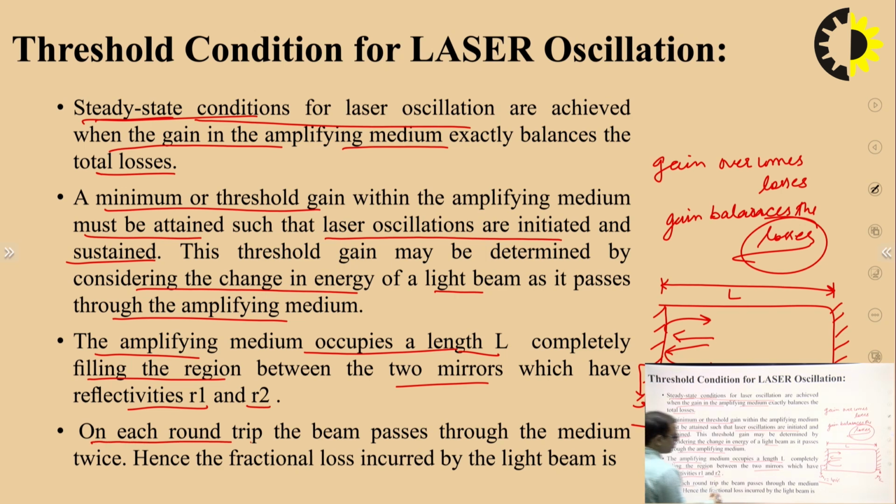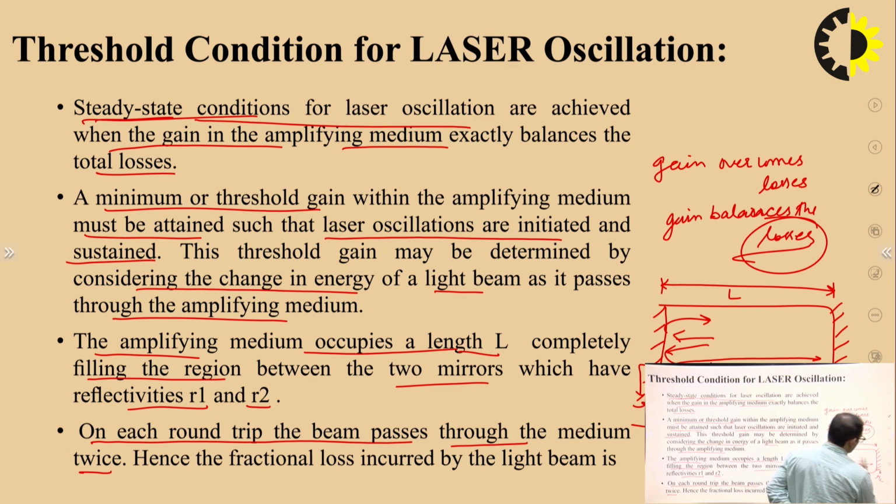On each round trip, the beam passes through the medium twice. The maximum gain is achieved when a photon generated here moves towards this mirror, gets reflected by it and passes on to the other mirror, traveling the maximum distance.